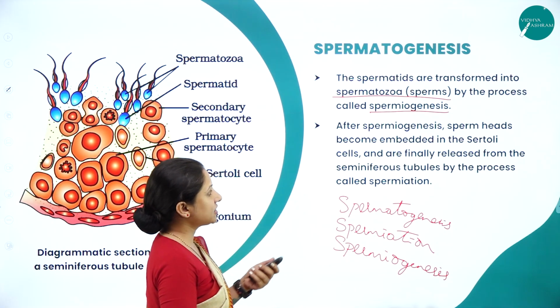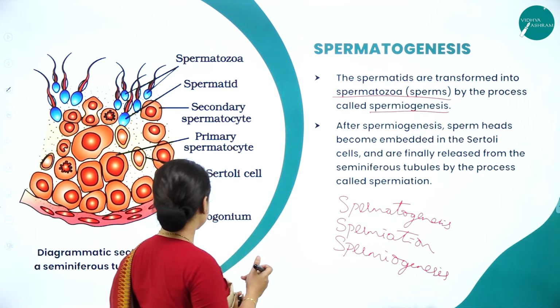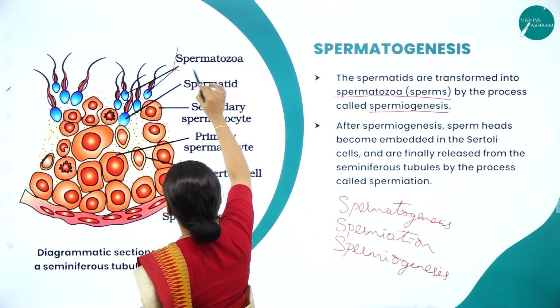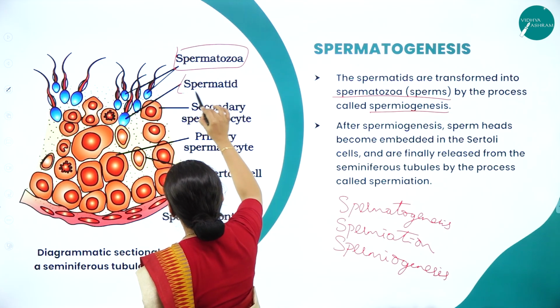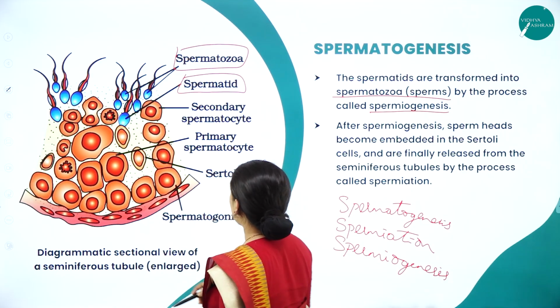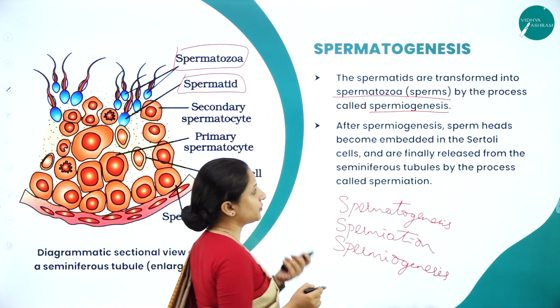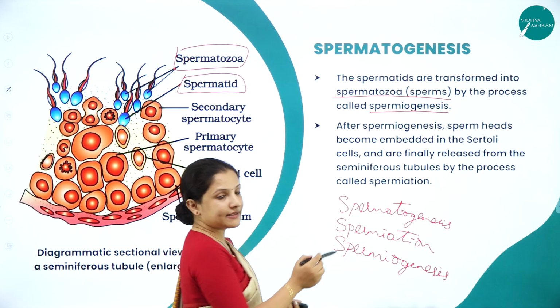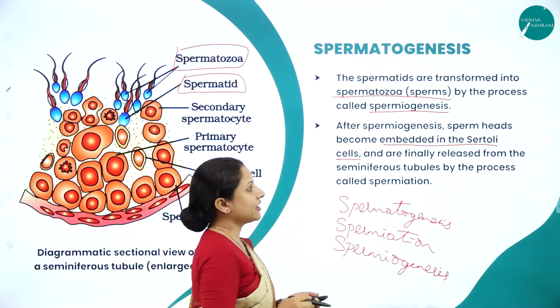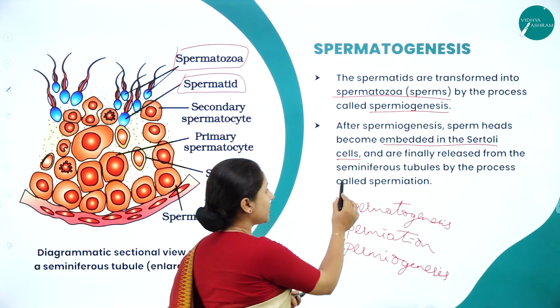So after spermiogenesis, if you can see here, these are the spermatozoa. Then we have the spermatid, which will come and embed itself. After spermiogenesis, the sperm heads get embedded in the Sertoli cells and are finally released from the seminiferous tubules.